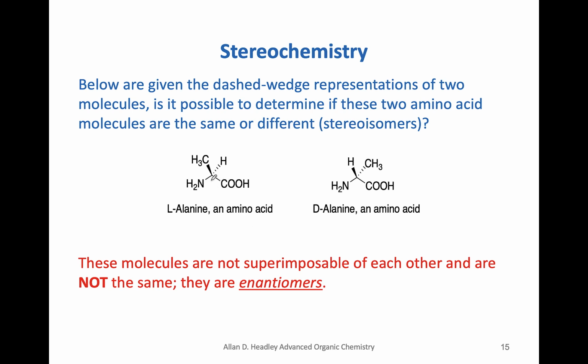Here is the dashed wedge for two molecules that are isomers of each other, and tell if they are enantiomers or the same. In this case you'll have to determine if they are superimposable or non-superimposable, and if they are mirror images. If they're non-superimposable, then they would be enantiomers.